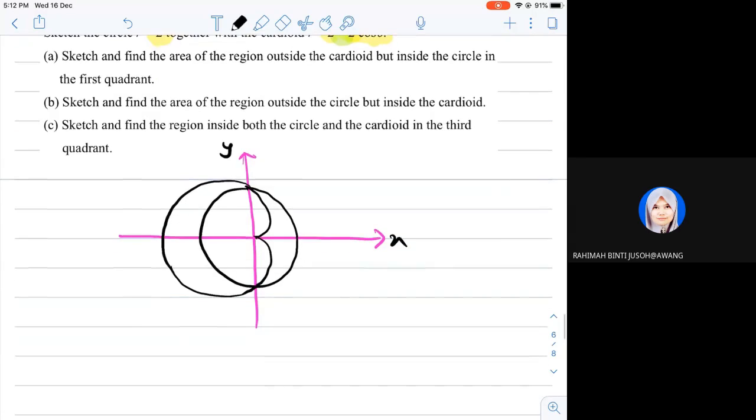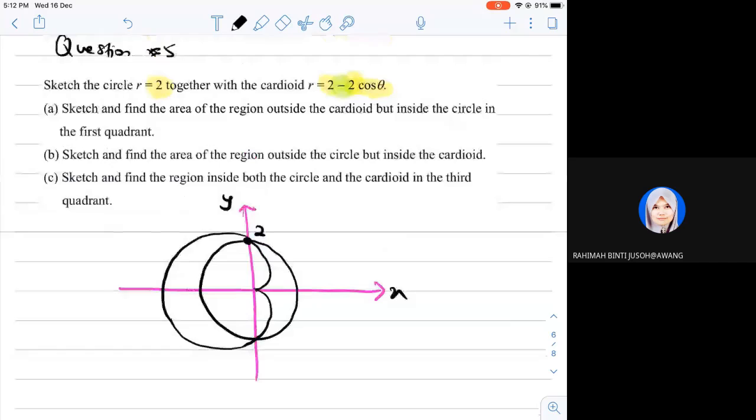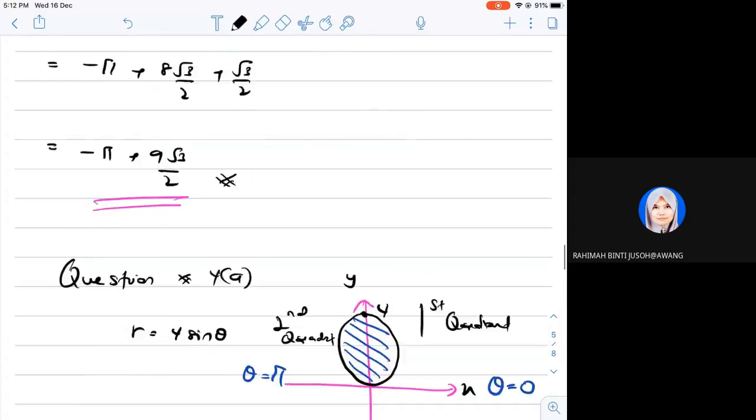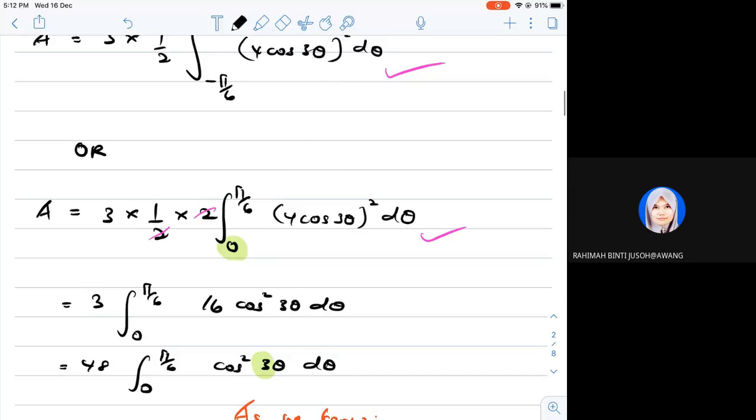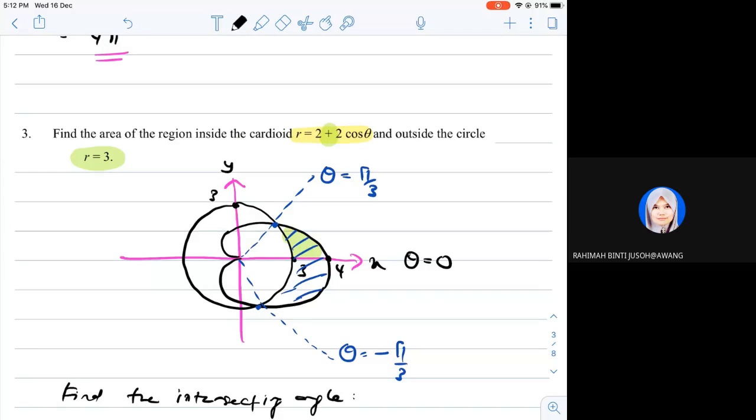Okay. Now, guys, this graph, we will have the same point. The intersection point is located exactly on the axis. Okay, just now, for question number 3, the intersection point is not located on the axis.